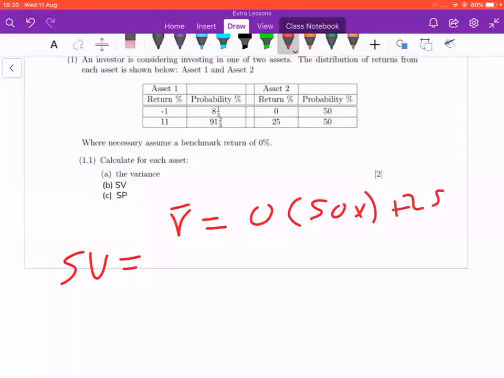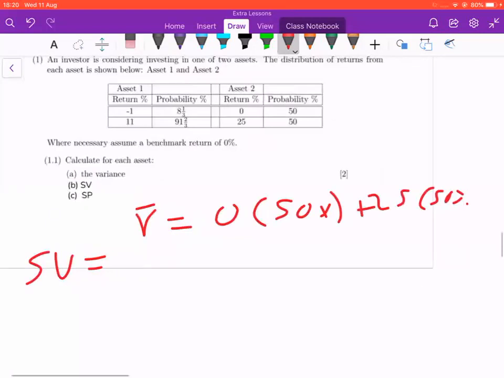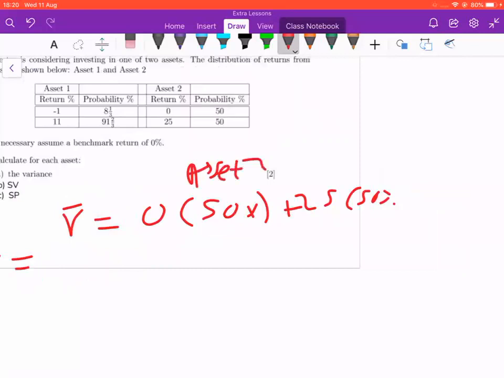Then you're going to have 25 with 50% probability. The return for asset 2, this is for asset 2, is going to be 12.5%. I hope it makes sense.